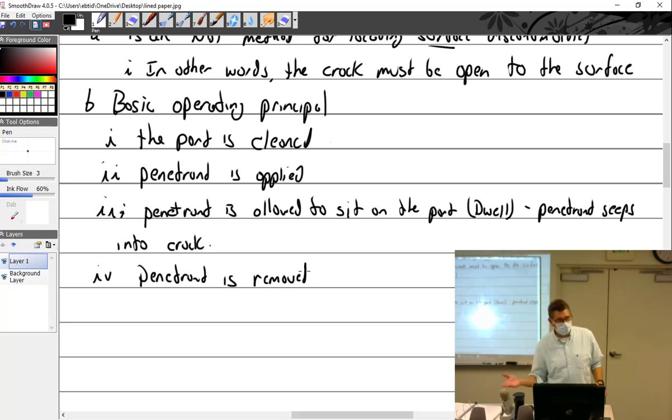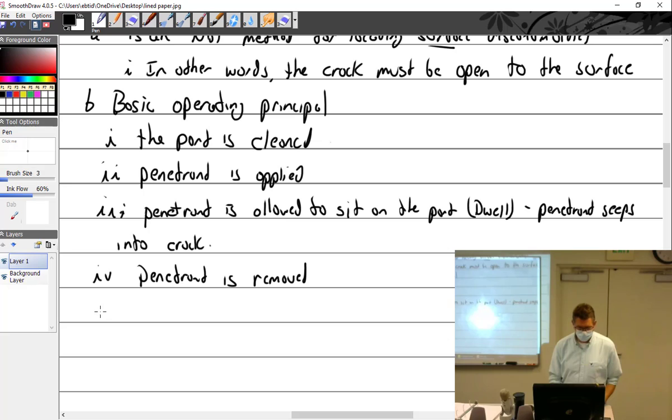Then take another dry cloth and clean it again. So it's dry, wet, dry, then it's clean. If it's water washable, you rinse it in water. Some are oil based and need an emulsifier; you put the emulsifier on and then wash it off, and that gets very complicated. So penetrant is removed, and that depends on what you're doing.